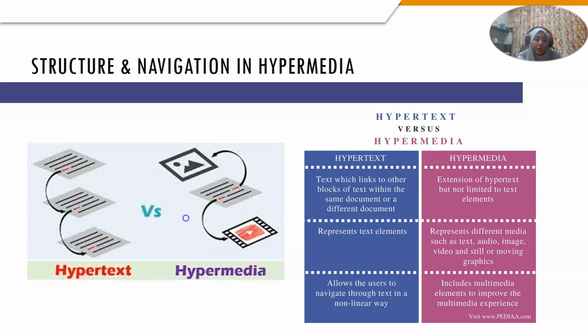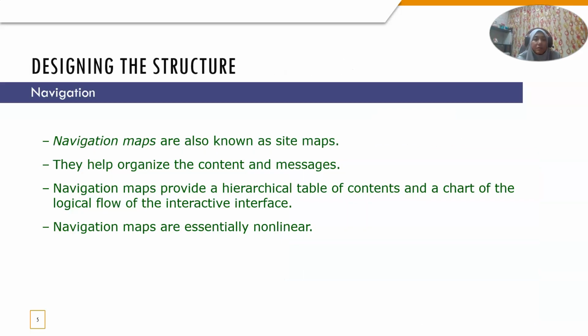When designing the hypermedia structure, we talk about navigation. Navigation maps are actually known as sitemaps. What are sitemaps? Imagine the website that you go through. In the website, we have the structure of the content, in terms of the hierarchy concept, and we call that the sitemap.